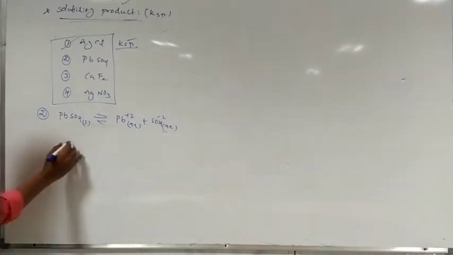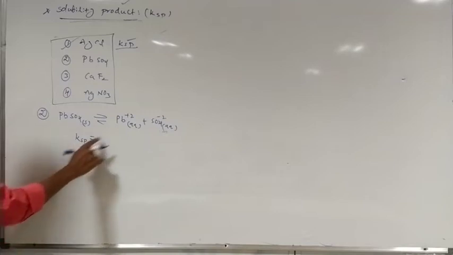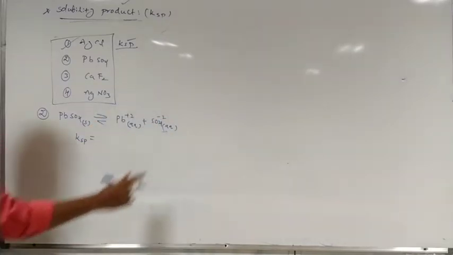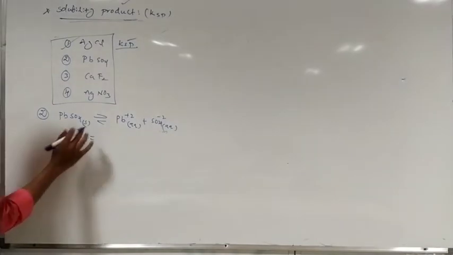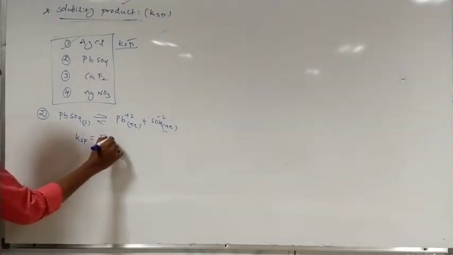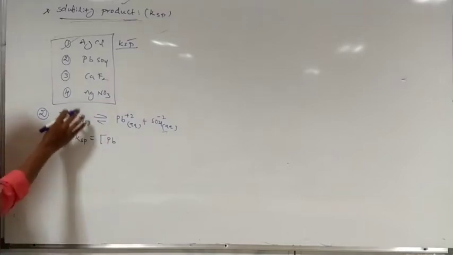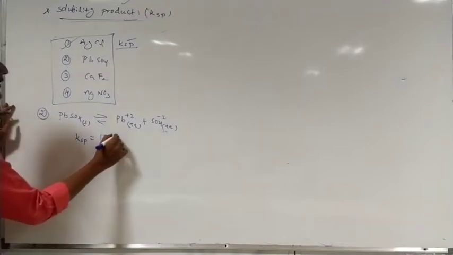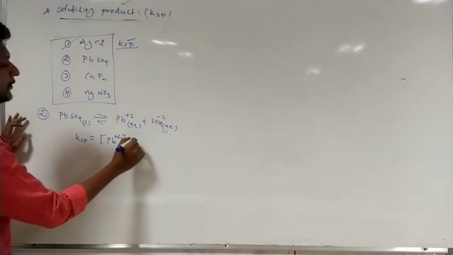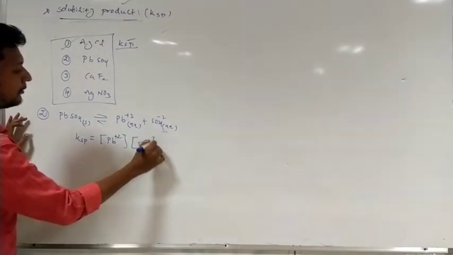For this, Ksp is equal to the concentration of the cation and anion only, since the solid is unity. At the place of the equilibrium constant I am taking Ksp: the equilibrium constant multiplied with this constant gives the Ksp. So Ksp is the concentration of Pb2+ multiplied by the concentration of SO4 2-.